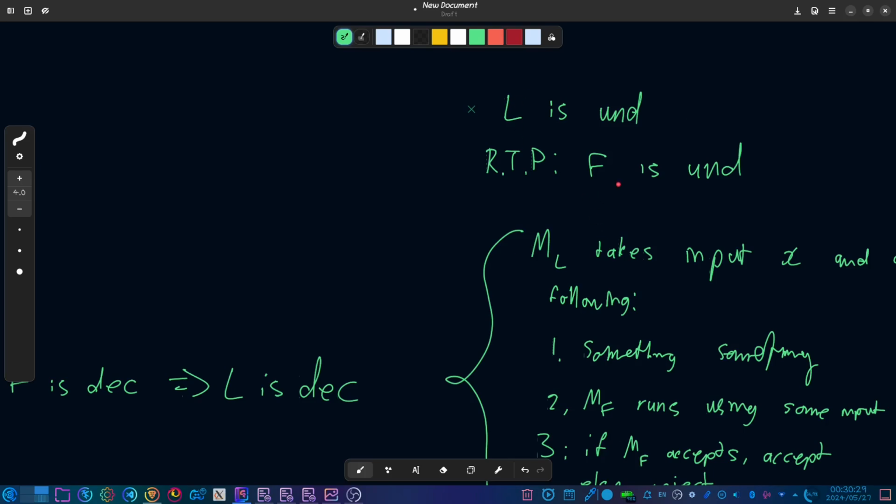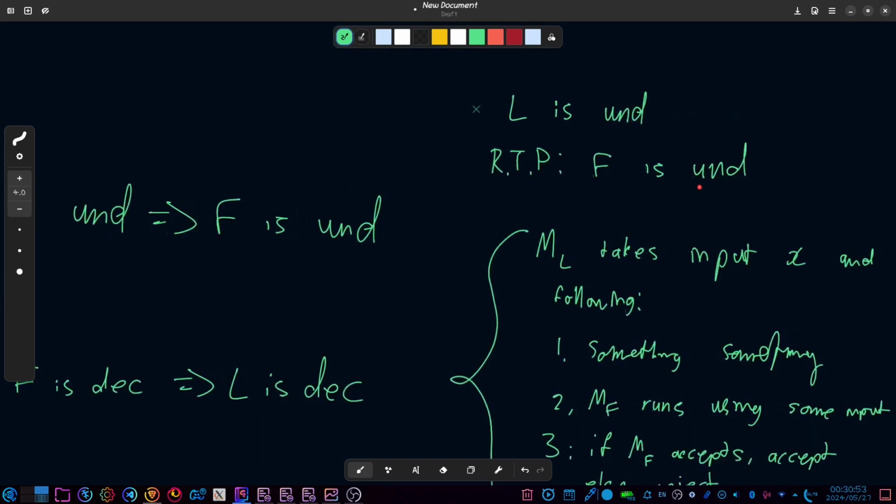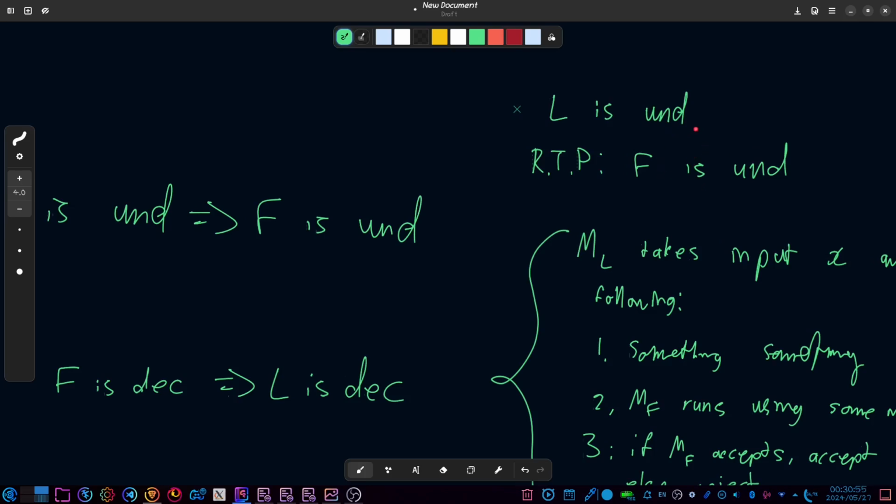So we're trying to show that this language is undecidable, right? We know this language is undecidable. We're trying to show that this is undecidable. What we can do is show that L is undecidable implies F is undecidable, right? So that's a valid thing we can do.